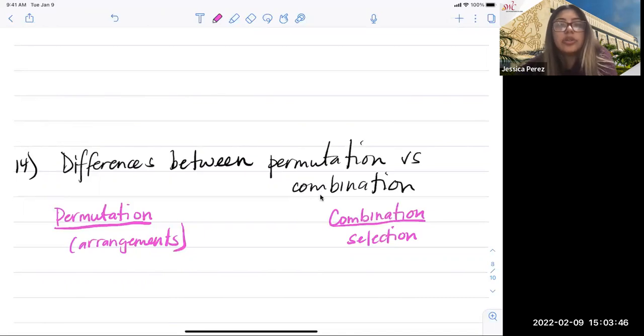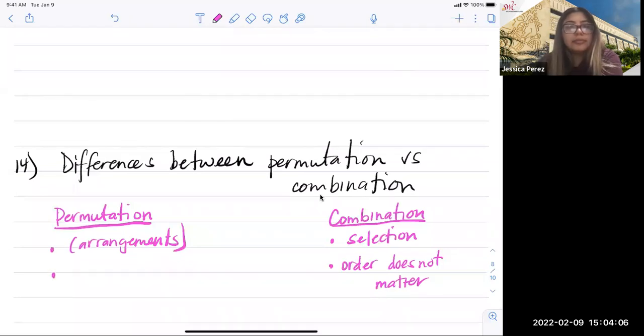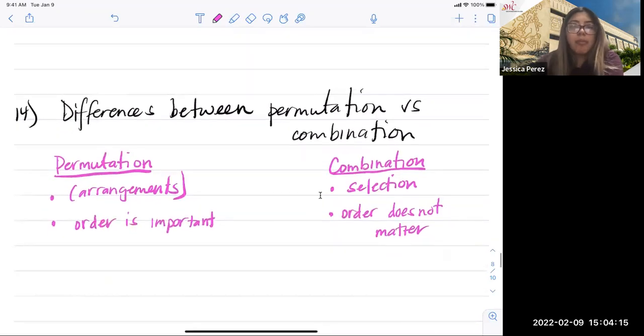So you want to make sure you notice the differences. Also, with a combination, order doesn't matter. Here it does. Order is important here. Both of these are without repetition.